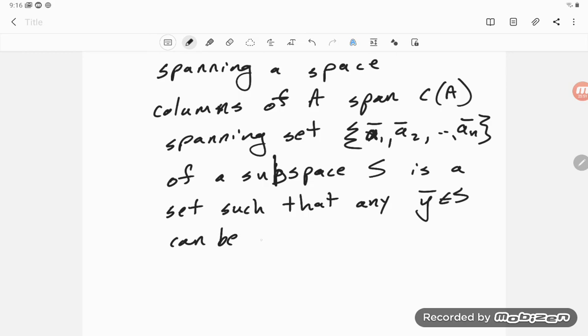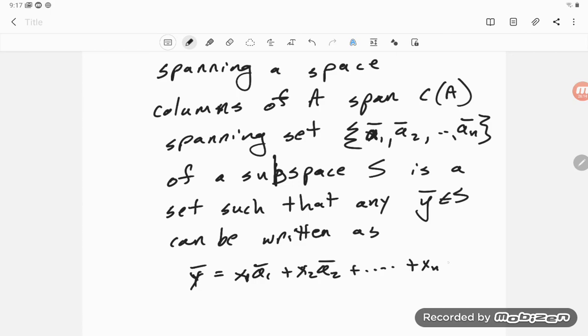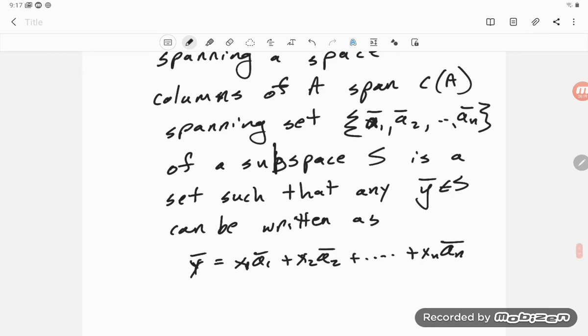can be written as y equal x1 times a1 plus x2 times a2 plus all the way out to xn times an. Okay, so it's a linear combination.